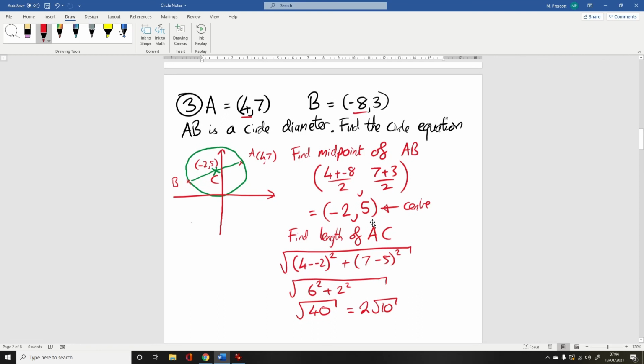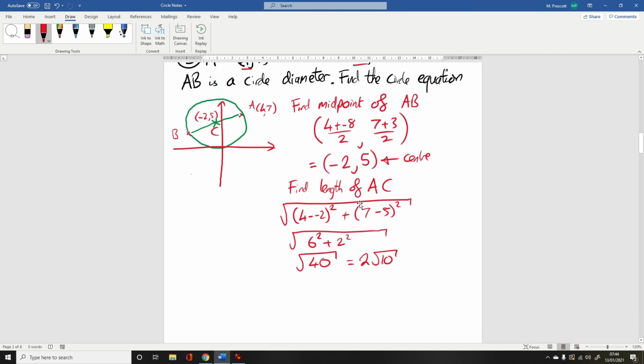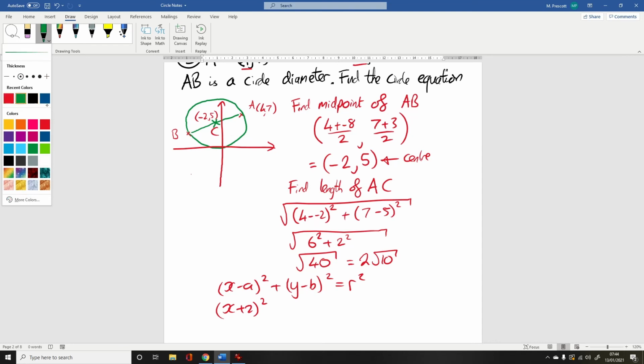So that's our radius. And the question says we want to find the circle equation. So let's go back to our formula. It should look like (x - a) all squared plus (y - b) all squared equals r squared. That's the format it should look like. We've got our a is minus 2, so this will be (x + 2) squared, taken from here.